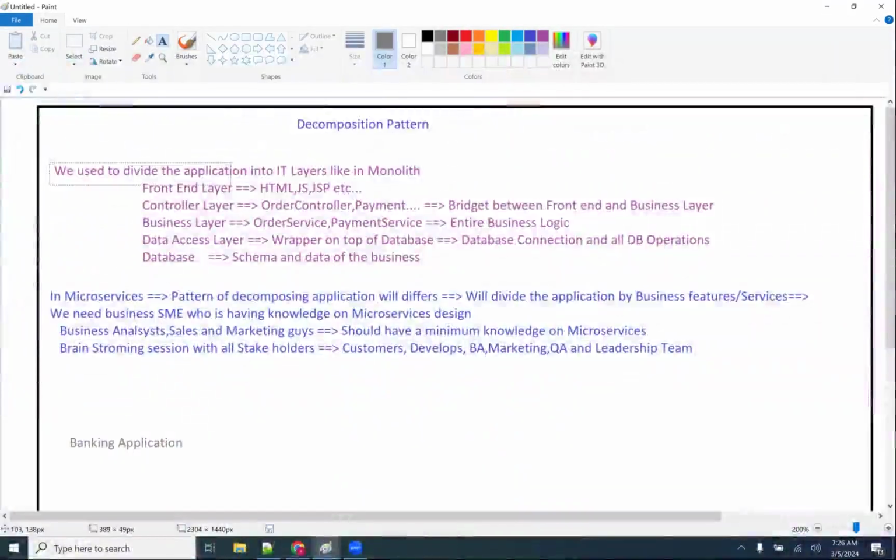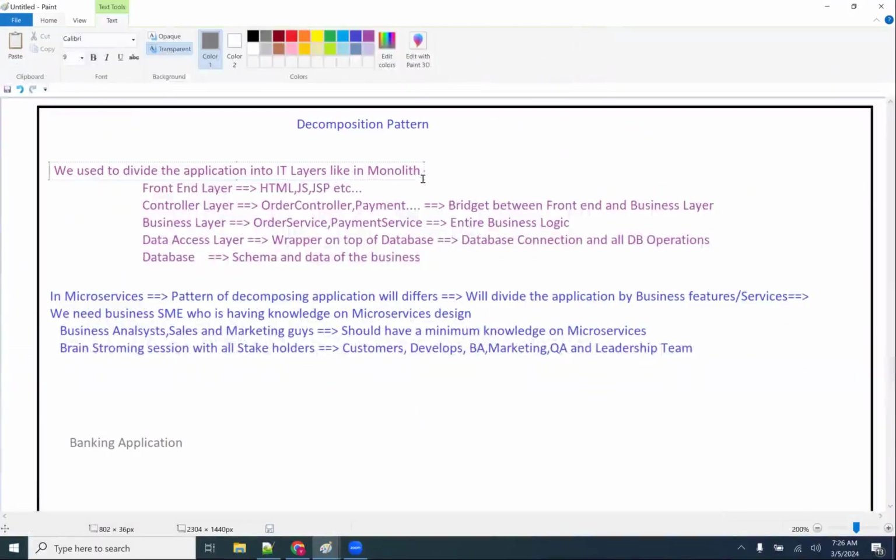The technology definition will be at the starting stage itself. You remember, in monolithic architecture, the choice of technology we are going to use depends on the initial architecture itself.